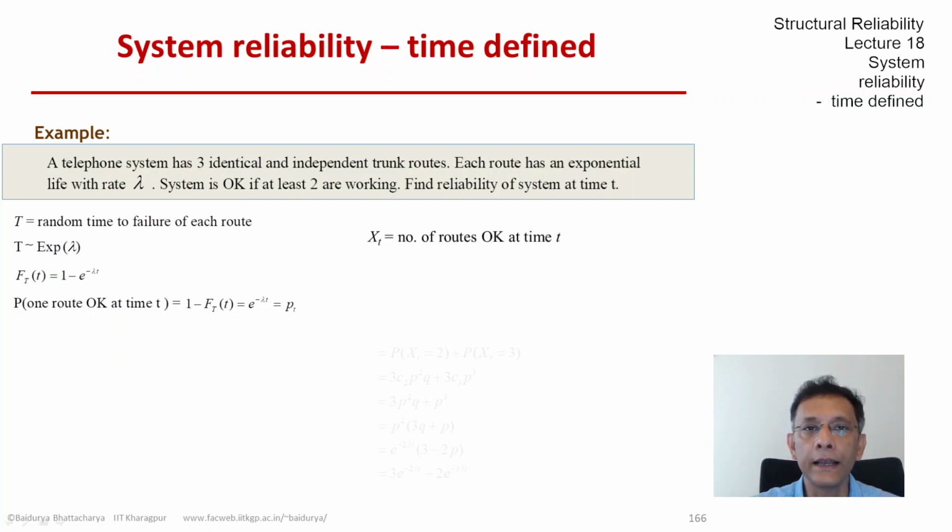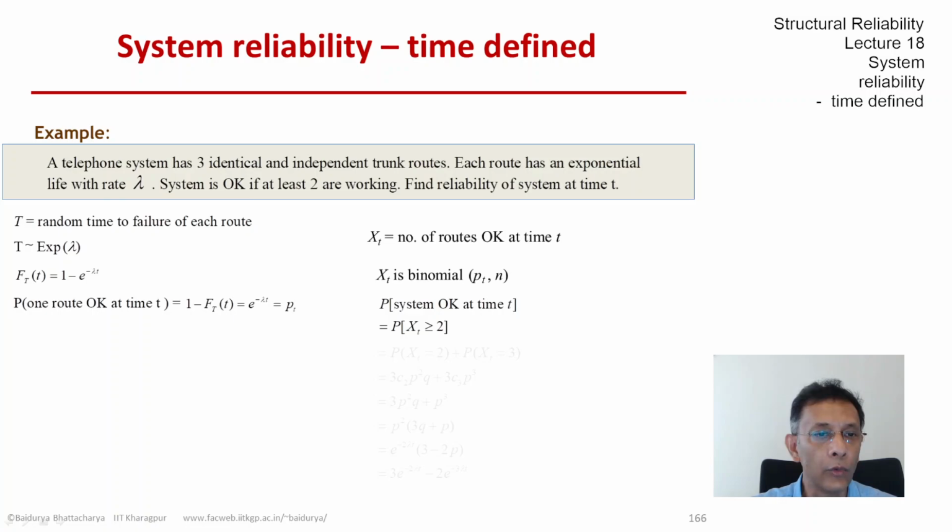Now let's define X subscript t as the number of routes that are okay at time t. So X_t is binomial, as we saw in the previous slide, with parameters p_t and n, and the system is okay at time t if X_t is at least 2.